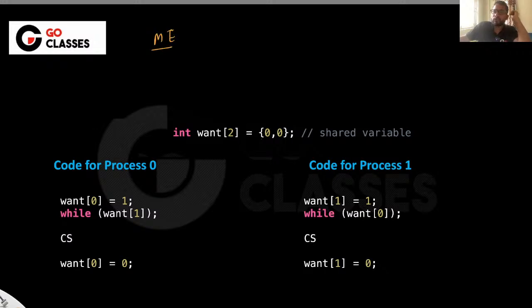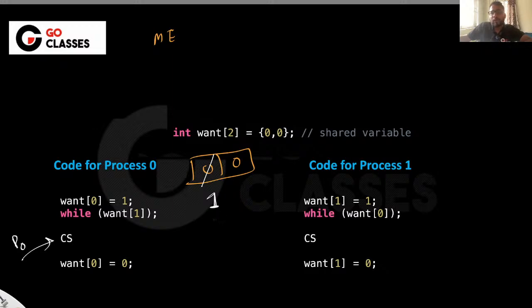To check mutual exclusion, let's check if one of the processes is in the critical section. Suppose P0 sets want 0 to 1, then want 1 is false, so it comes out of the loop. P0 is in the critical section, and currently want 0 is 1 and want 1 is 0.